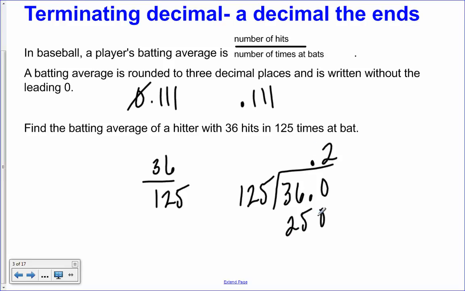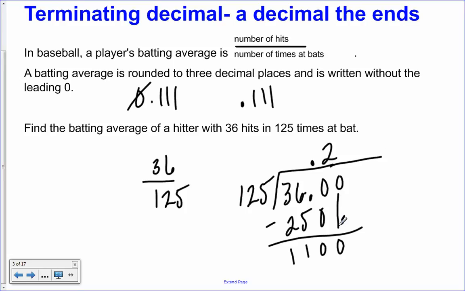So 125 times 2 is 250. Now I'm going to subtract. So I have 110, and I need to bring down another 0 so I can see how many times 125 goes into 1,100.